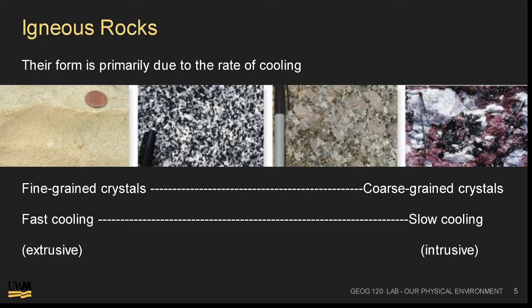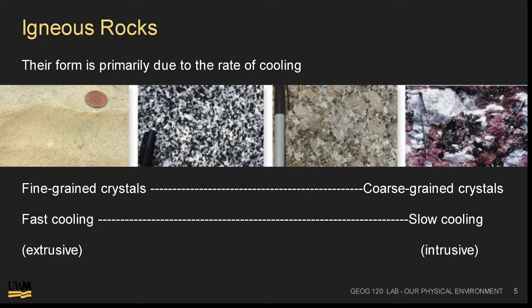So, for extrusive rocks that cool very quickly, they have fine-grained crystals. And that's opposed to the intrusive rocks, which are coarse-grained. They have larger grained crystals. Larger crystals could be very easily noticeable by the naked eye, because those crystals take time to form.